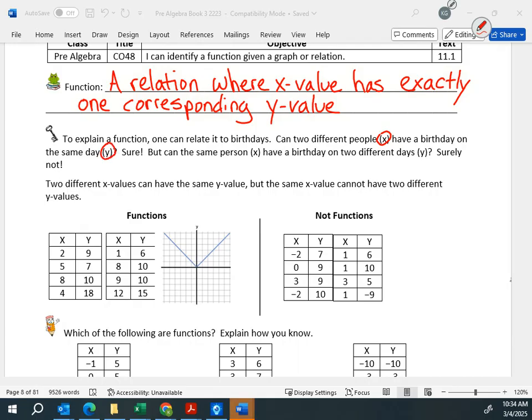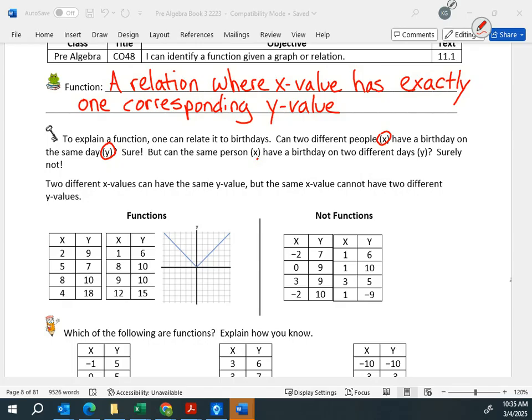But can one person, the same person, so let's say me, can I have two different birthdays? No, I can't. One x can't have two different y's. So you can have two different x's have the same y. Two different people can be birthday buddies. But that one person, that one x, cannot have two y's, two birthdays.